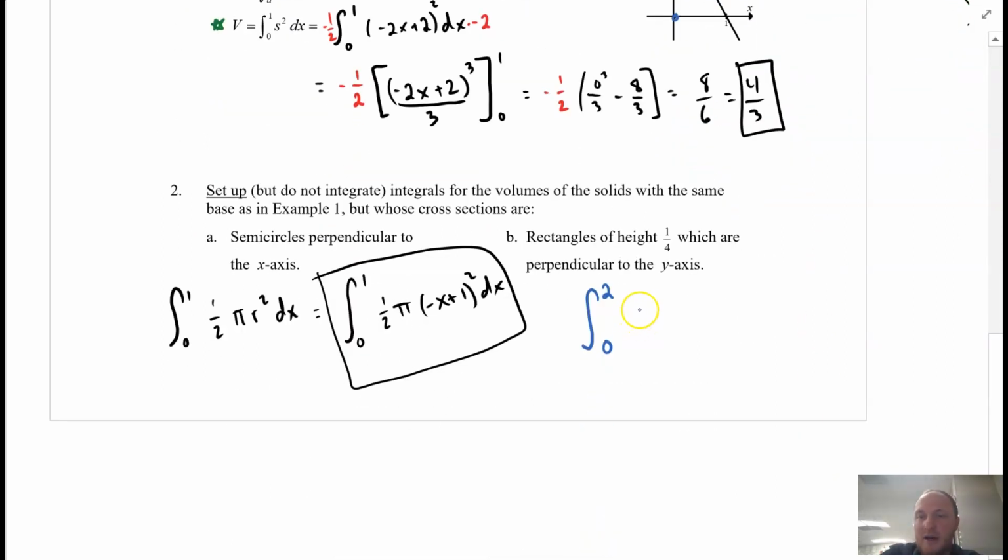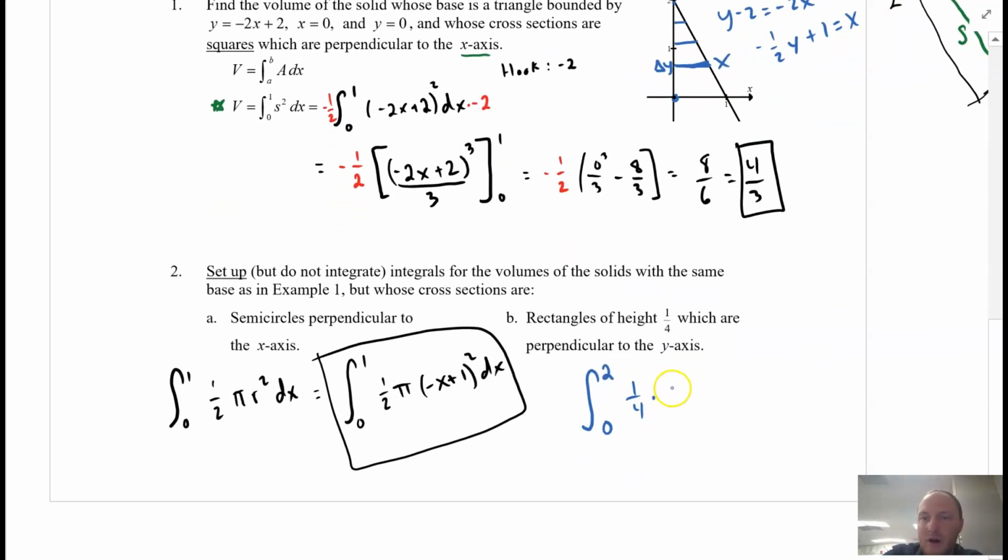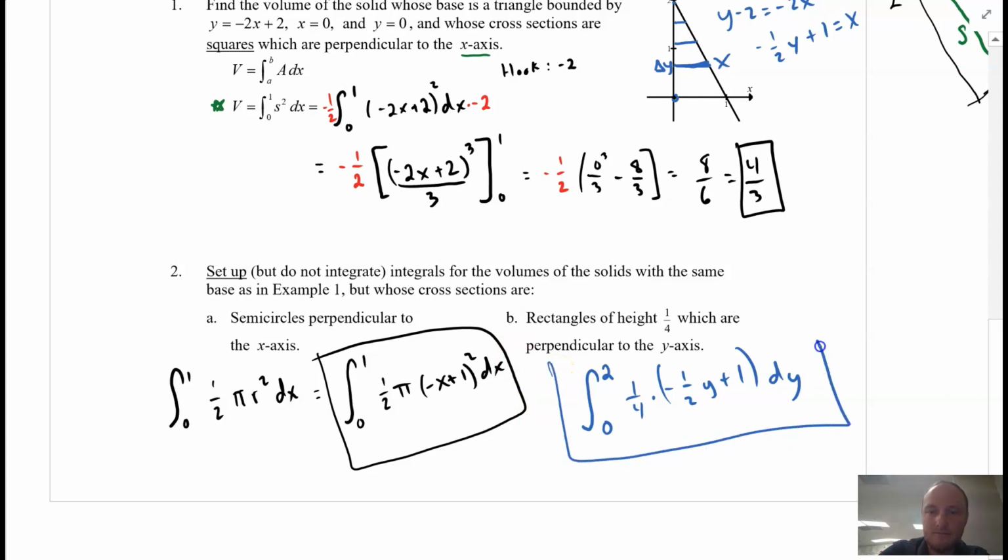Now my height is 1/4 times my length, which is x, but in terms of y, that would be negative 1/2 y plus 1, dy, which is our width. So height, length, and width, which is volume. Okay, so there is the integral.